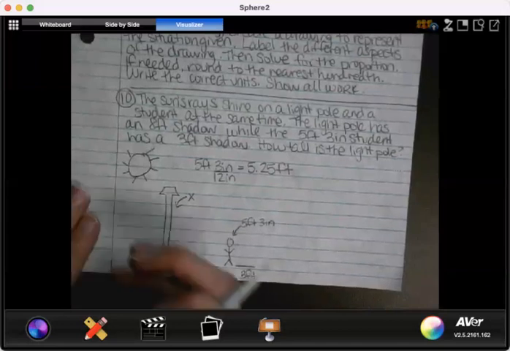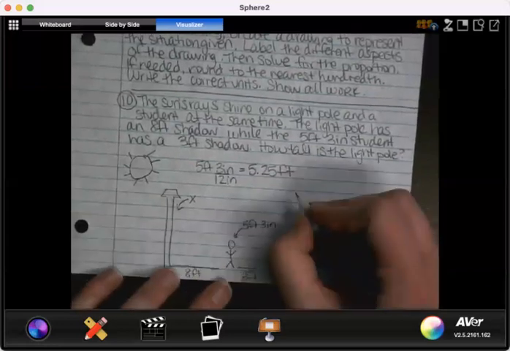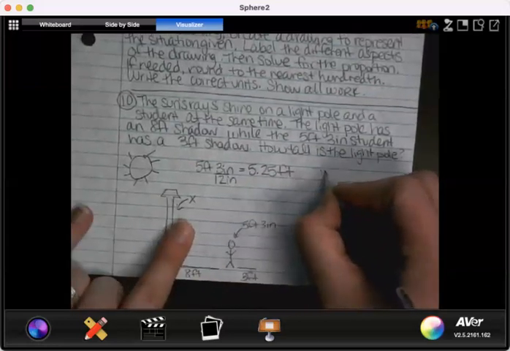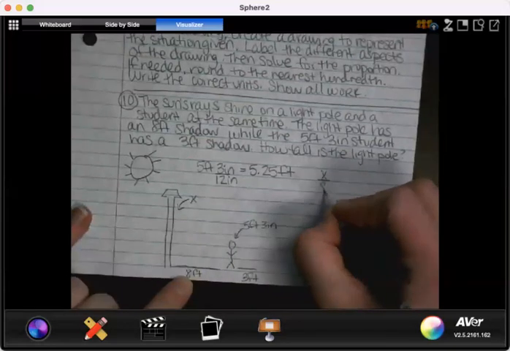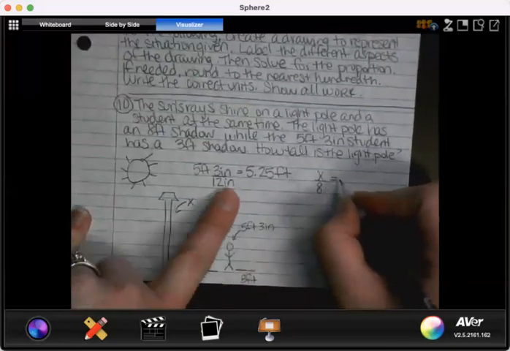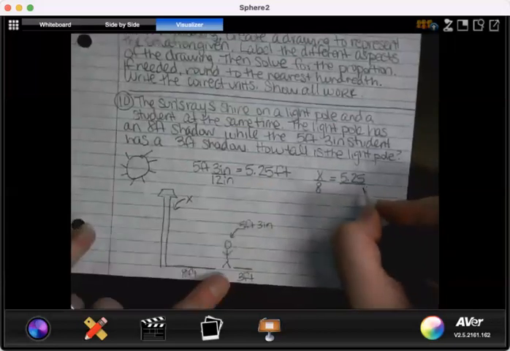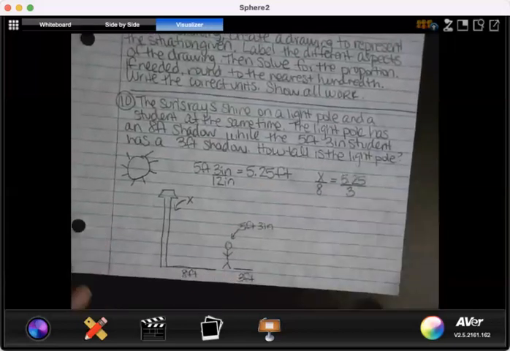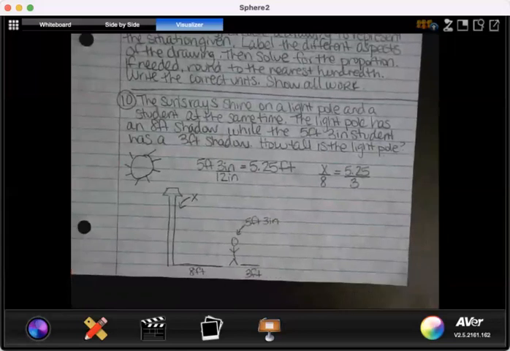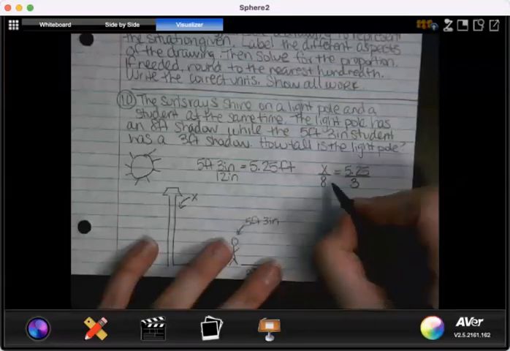Now I can set up my proportion. So we have a light pole with an 8-foot shadow, which is consistent with our 5.25 foot student and their 3-foot shadow. Go ahead and simplify and see what you get. So we're going to cross multiply.